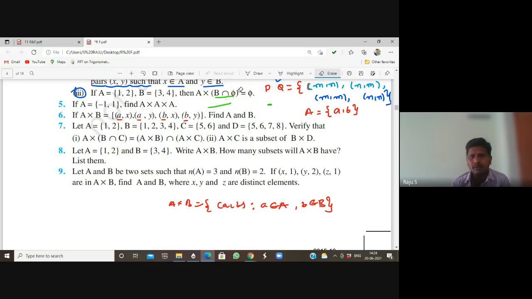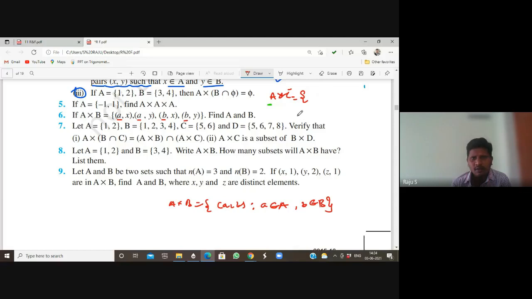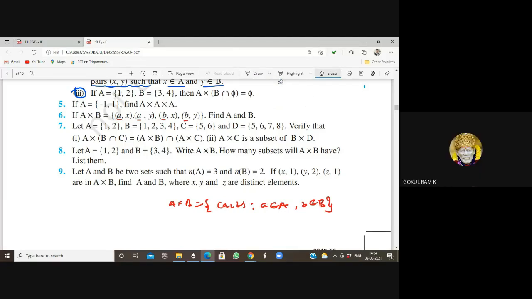Is A cross C a subset of B cross D or not? Yes, sir. Fine. Let's see here. What are the A cross C elements? Instead of finding individual things like this, we can also find it another way: if A is a subset of B and C is a subset of D, then it will be.